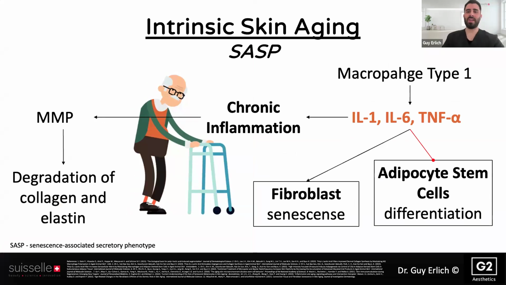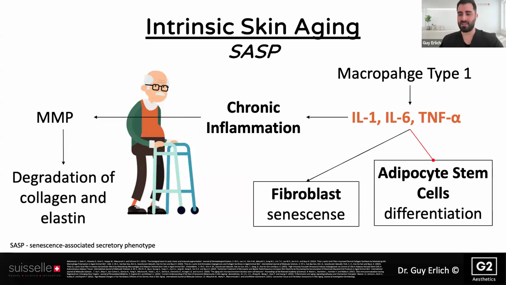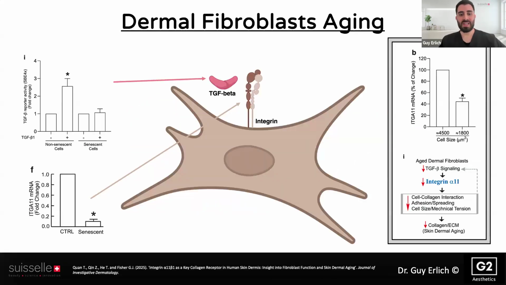Primarily intrinsic aging, because with intrinsic aging, we have senescence of fibroblasts. But what does it mean, senescence of fibroblasts? Fibroblast senescence means decreased integrin receptors and TGF-beta synthesis in the fibroblasts. And this is why we have a decreased production of collagen and elastin, of course, and this is why we have low strength.